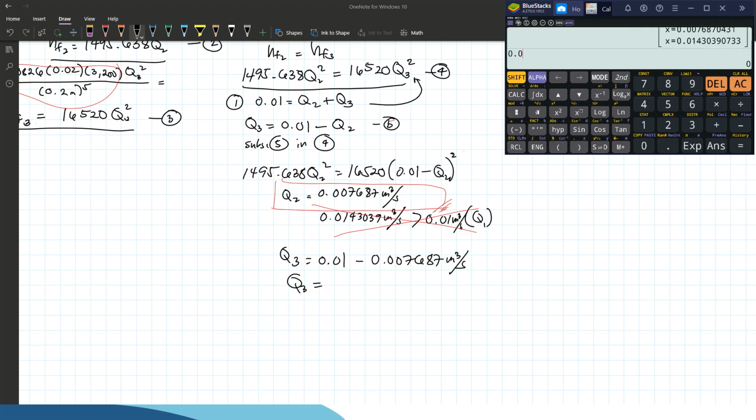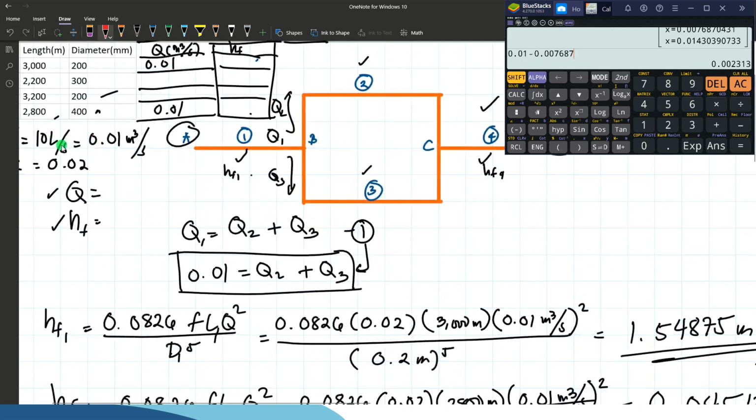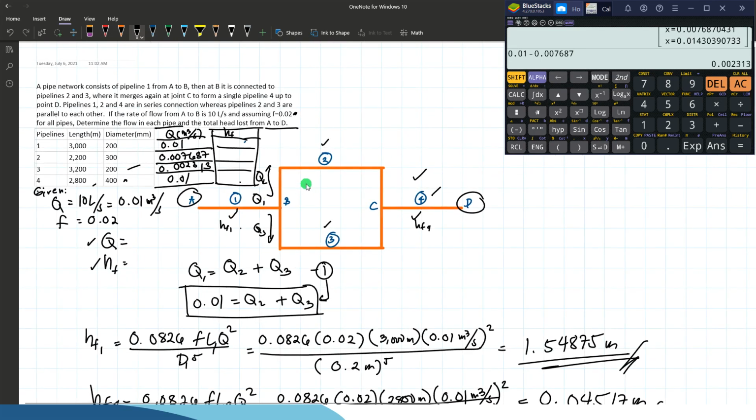The answer is 0.002313 cubic meters per second. So let's fill up this table. Pipe number 2, 0.007687. Pipe number 3, 0.002313.